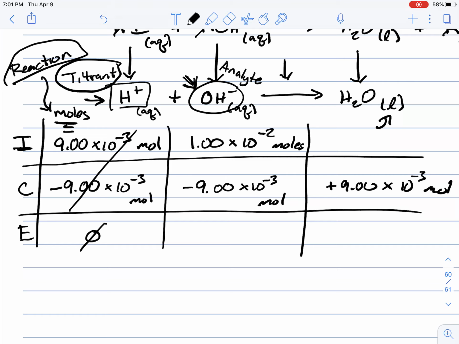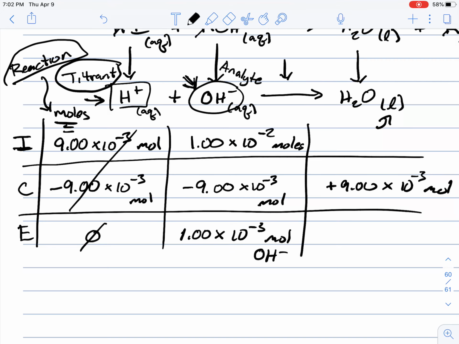That value is 1.00 times 10 to the negative 3 moles, and this is how much hydroxide remains.